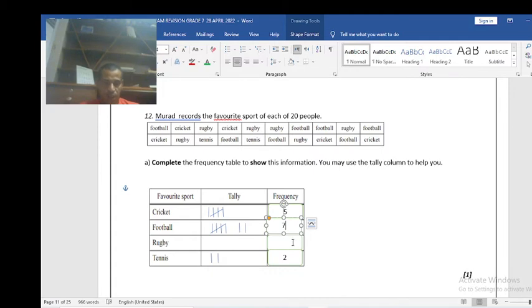Then this one is rugby. How many times? 1, 2, 3, 4, 5, 6. So 6. You are going to make tallies here and here 6. This is number 1, number 2, number 3, number 4, number 5, number 6.